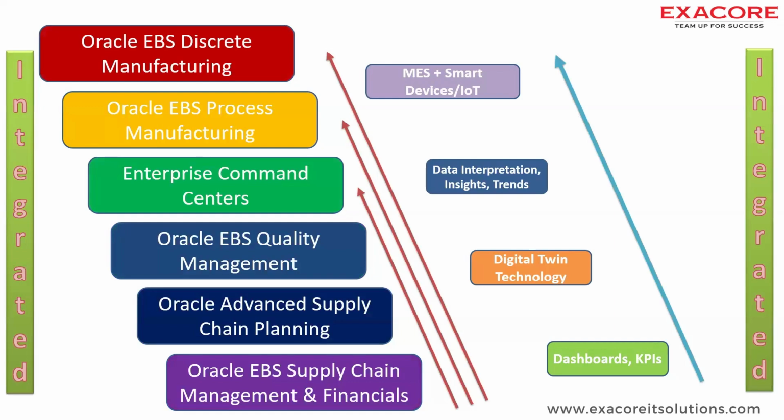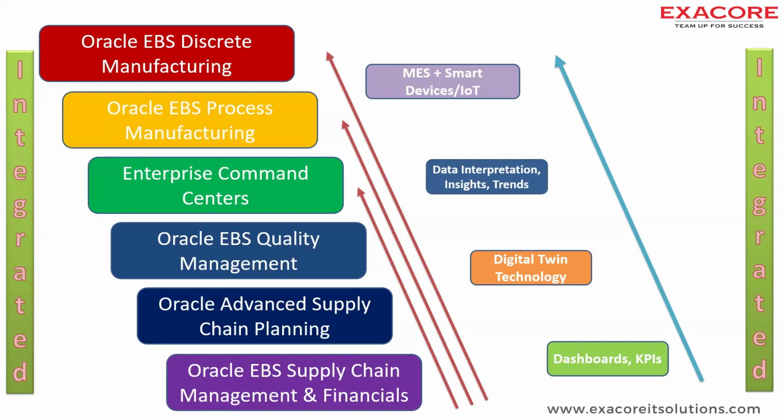With regards to Oracle EBS, which is the focus of our webinar today, these key ways in which the visibility of the manufacturing process in an organization can be obtained is by utilizing different modules of the manufacturing suite within Oracle eBusiness Suite.